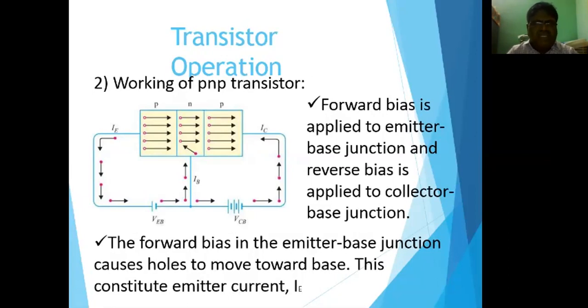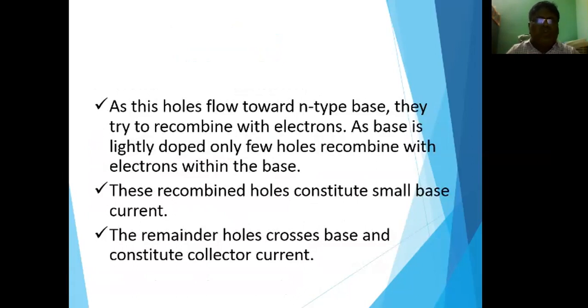The forward bias in the emitter base junction causes holes to move toward the base. This constitutes the emitter current, IE. As these holes flow toward the N-type base, they try to recombine with electrons. As the base is lightly doped, only a few holes recombine with electrons within the base. These recombined holes constitute a small base current. The remaining holes cross the base and constitute the collector current.